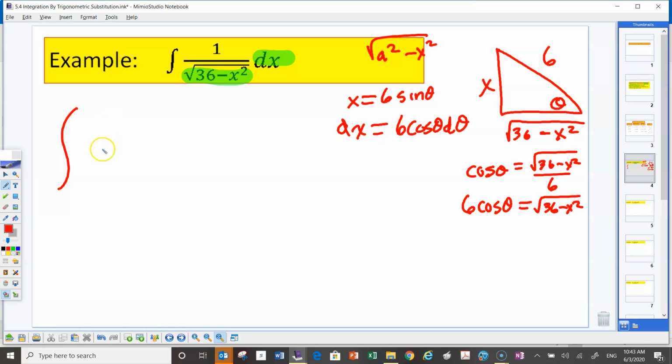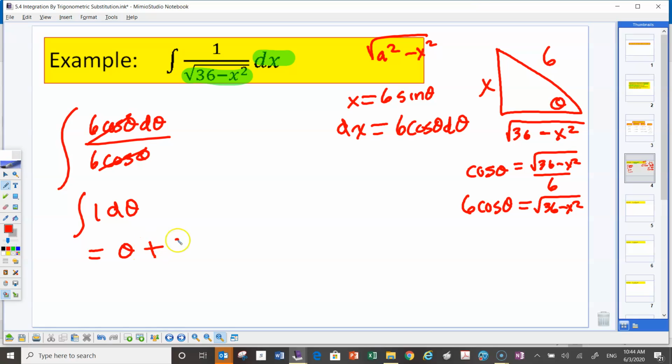In place of dx, I'm going to put 6 cos theta d theta. And in place of the square root of 36 minus x squared, I'm going to put 6 cos theta. Now my 6 cos thetas are going to cancel, and I'm just left with the integral of 1 d theta, which is equal to theta plus a constant. My original question was in terms of x, so I have to get theta back in terms of x.